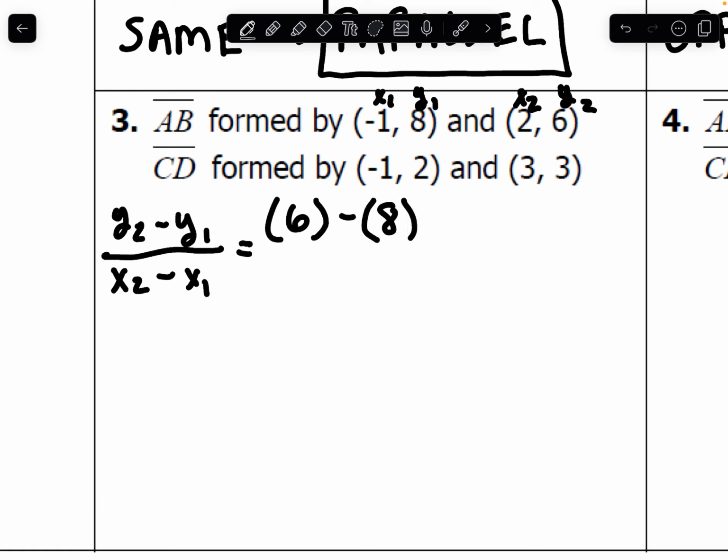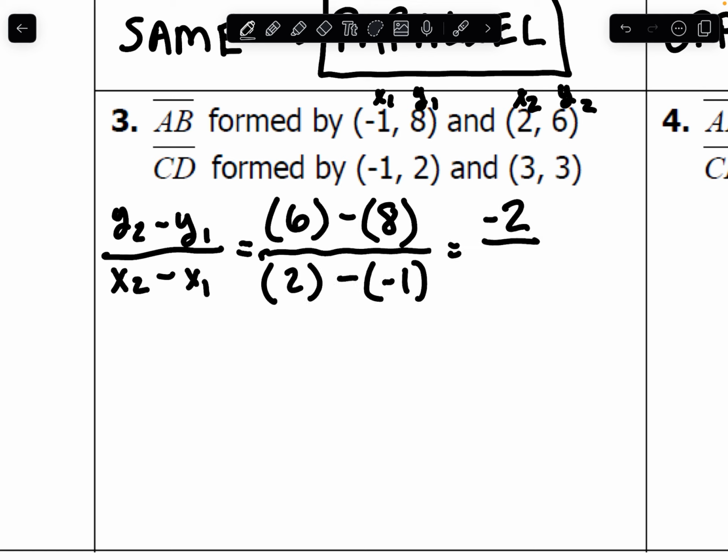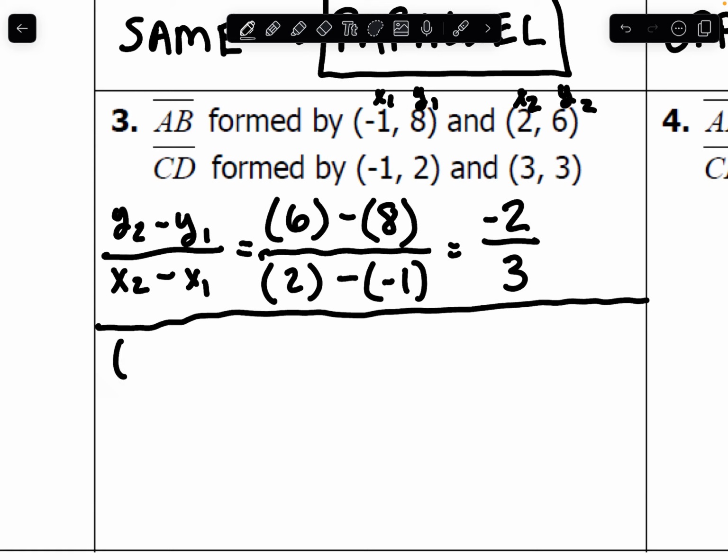Y2 is 6. Y1 is 8. Then we have 2 minus negative 1. Negative 2 over 3 is that first one. If I do this same thing again, right, I have y2 is 3.